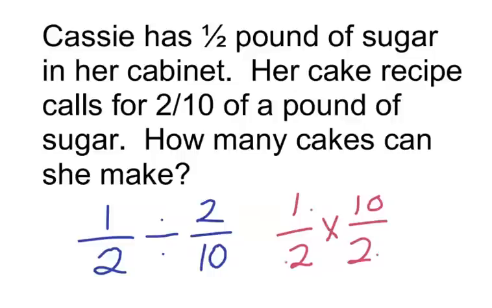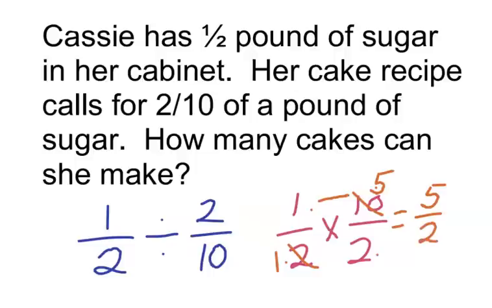No. How about with 2 and 10? Yeah, 2 goes into both 2 and 10. So we're going to cross out the 2, make it a 1. We're going to cross out the 10. 2 goes into 10 5 times. And 1 times 5 is 5. 1 times 2 is 2.